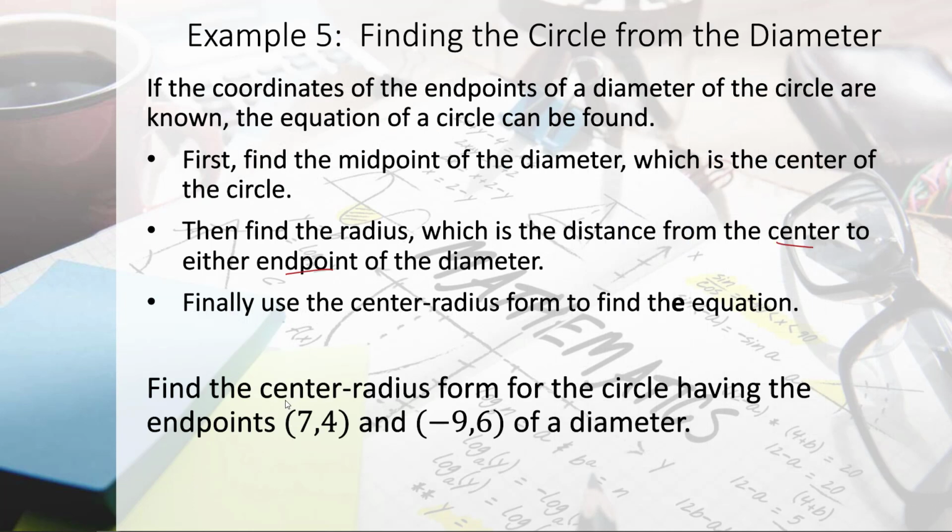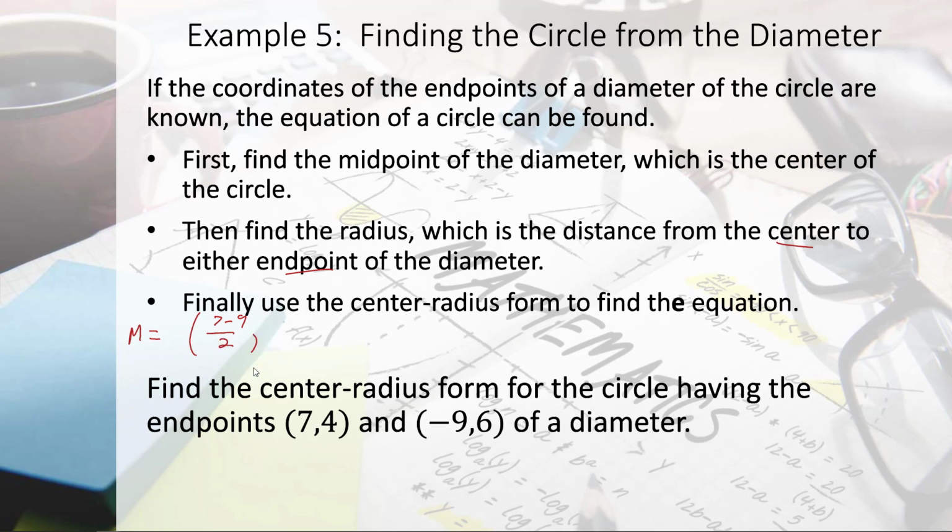Okay, so let's go ahead and do that here. We are given a diameter where the endpoints are (7, 4) and (-9, 6). So the first thing we need to do is figure out the midpoint of that diameter, because that will be the center of the circle. The midpoint, I'm going to call it M, is going to be the average of the x coordinates, because that's the midpoint formula. So that will be (7 - 9) divided by 2.